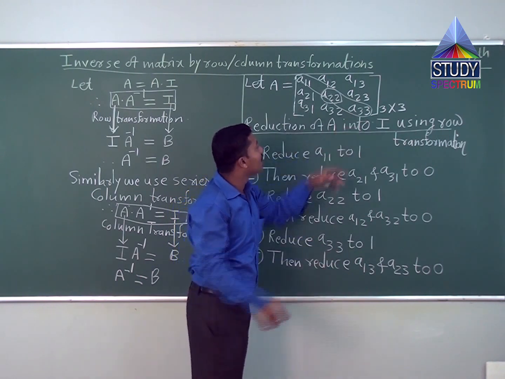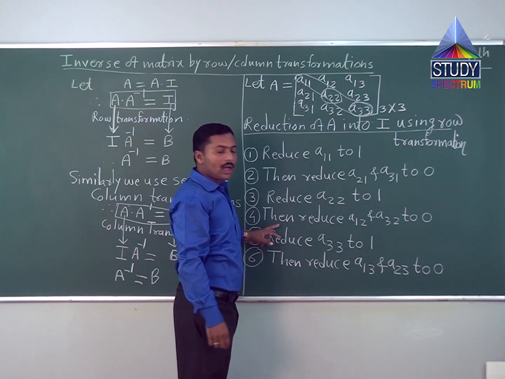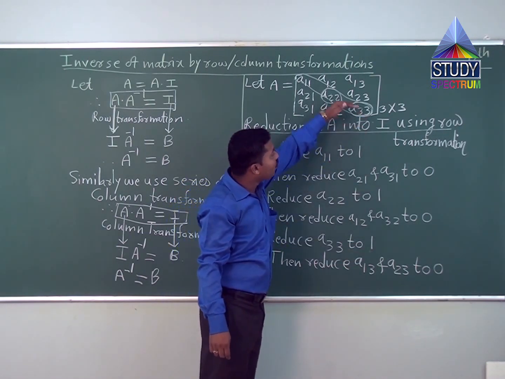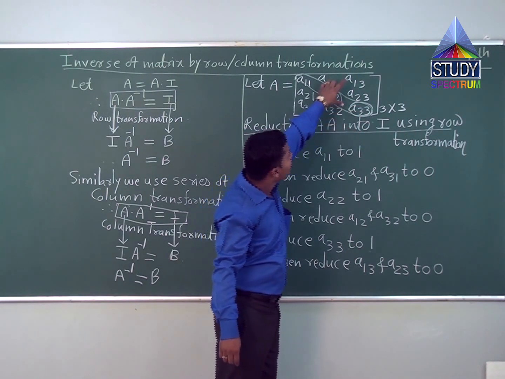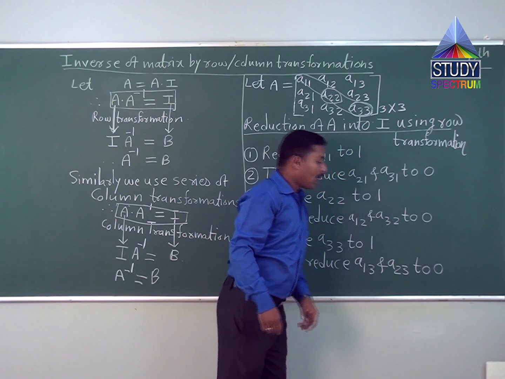Similarly we reduce A33, the third diagonal number, to 1 and by using this 1 we reduce these two numbers to 0. How?